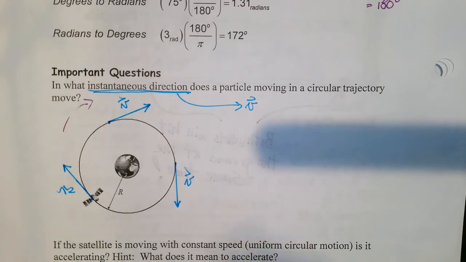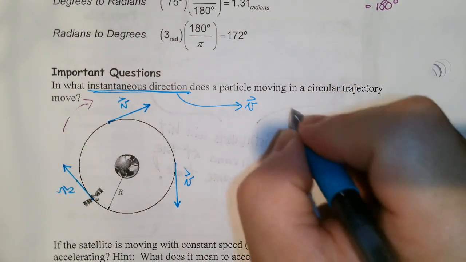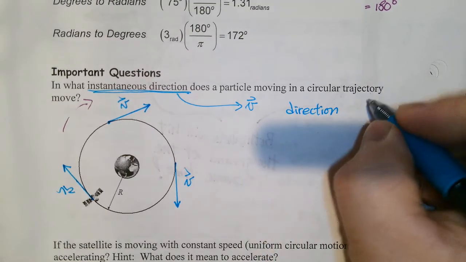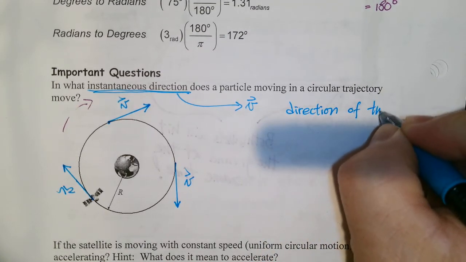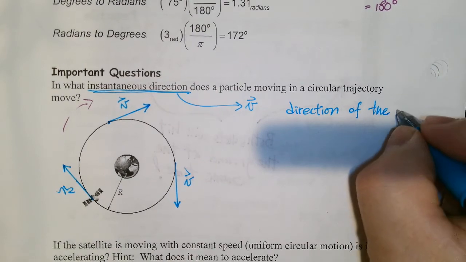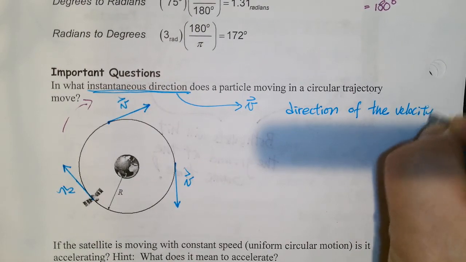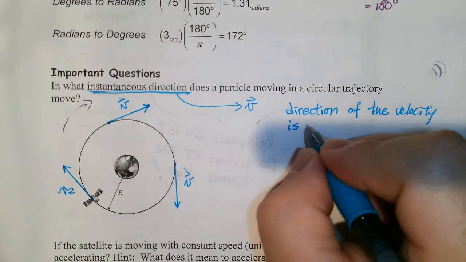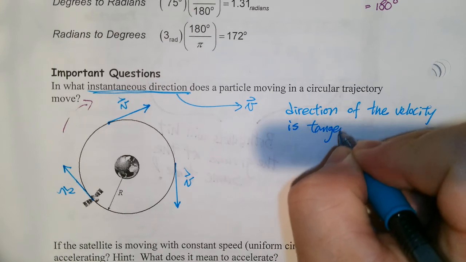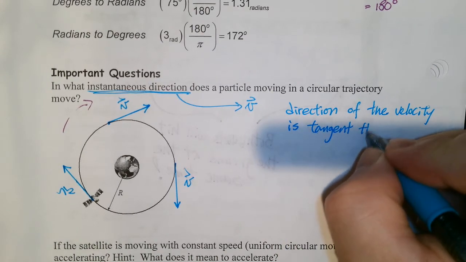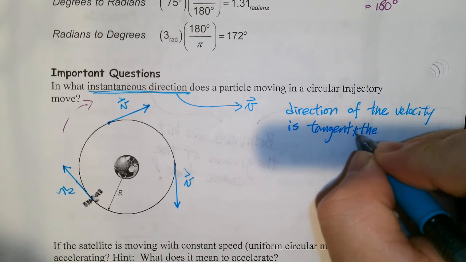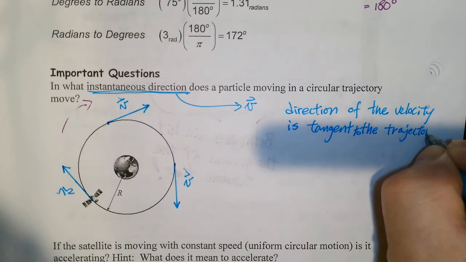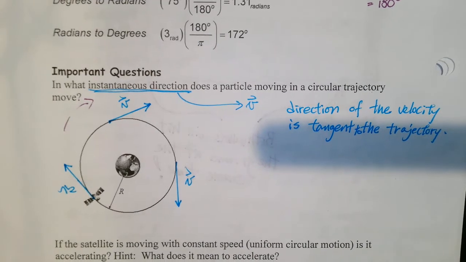And the direction of the velocity is tangent to the trajectory.